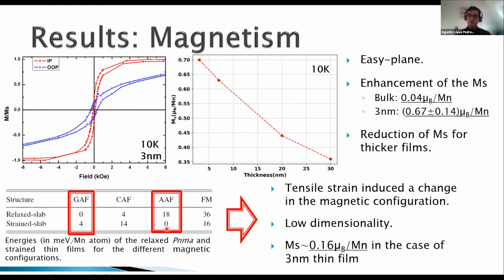So in both cases, we observe an enhancement of saturation magnetization due to the strain, but we have a discrepancy between the experimental and the calculated values. The origin of this discrepancy, we are not so sure yet. We have several theories to explain this. One possible theory is that the manganese ions at the interface can contribute some spurious contribution to the saturation magnetization.